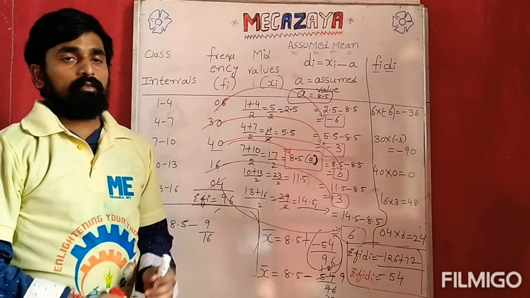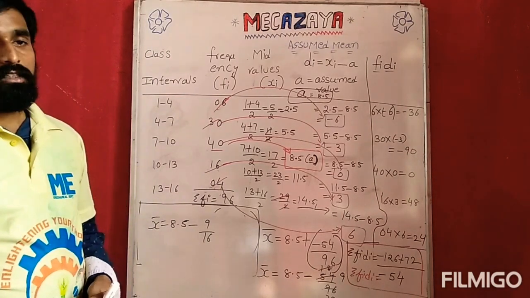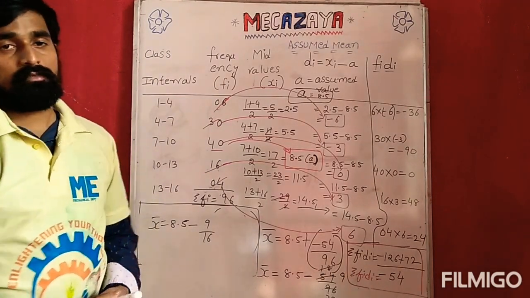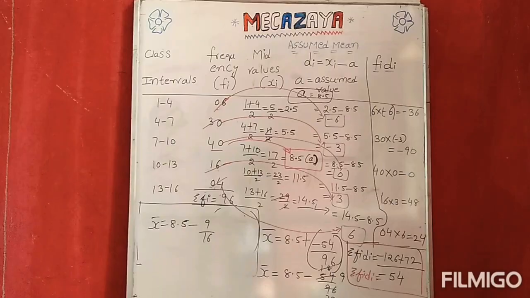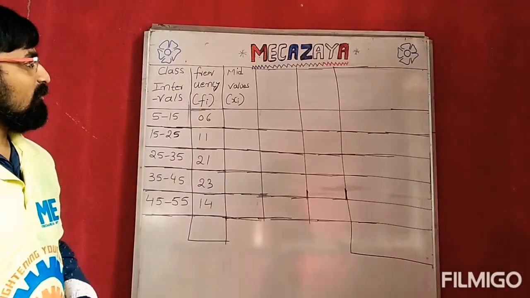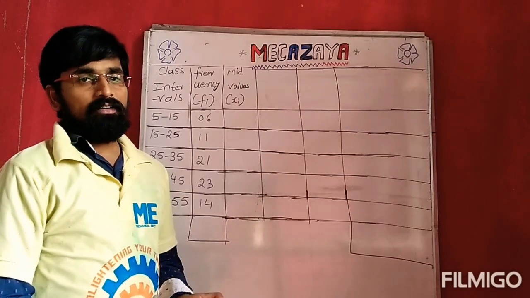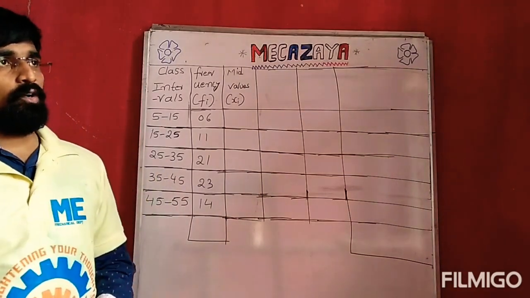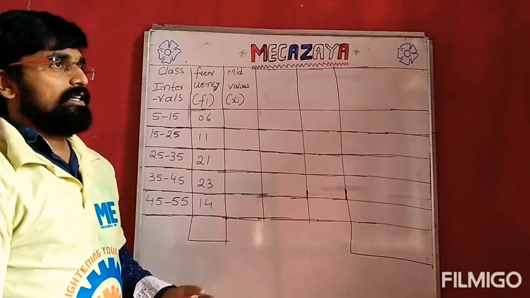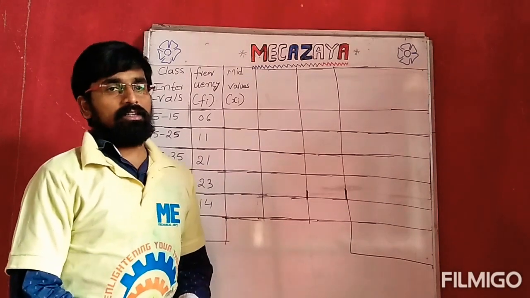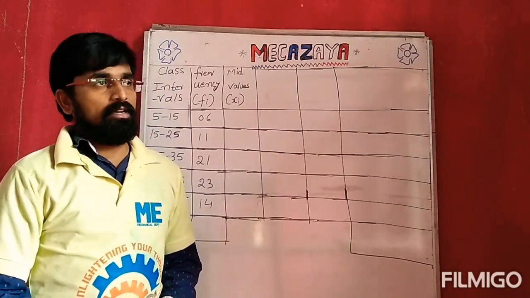Next we are moving to the next method, that is the step deviation method. So just now we dealt with ungrouped data, mean, median, mode, and grouped data, and the direct method and assumed mean method are completed.